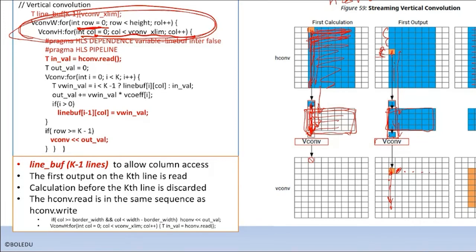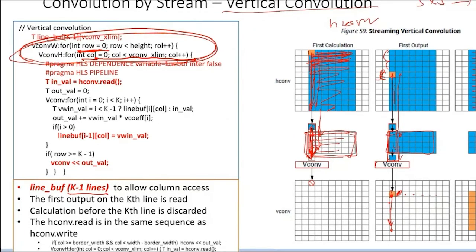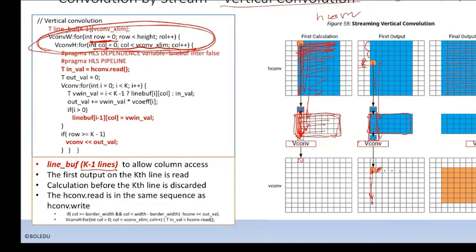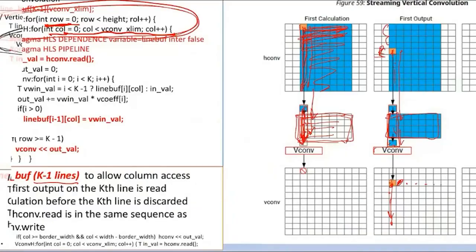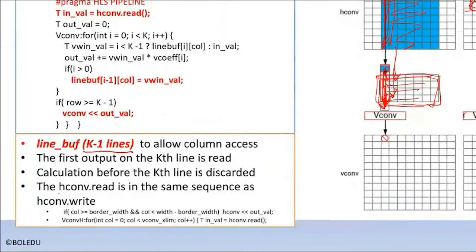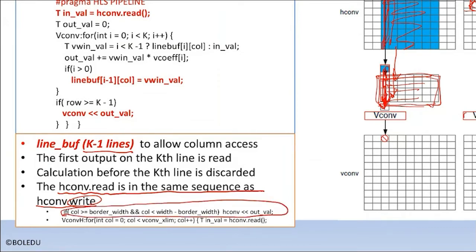Here, what you pay special attention to is making sure the H convolution stream is the same sequence as the H convolution read. For the convolution read, look at here, you have this condition. And for the vertical convolution, you read with this. Look at the index.